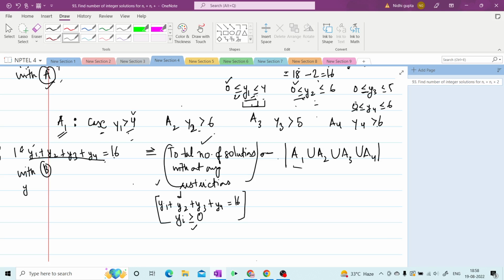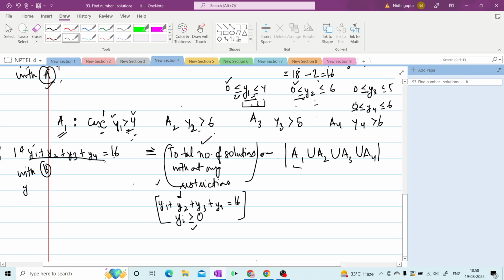So if your y1 is exceeding 4, we should subtract that solution. We should not count it.